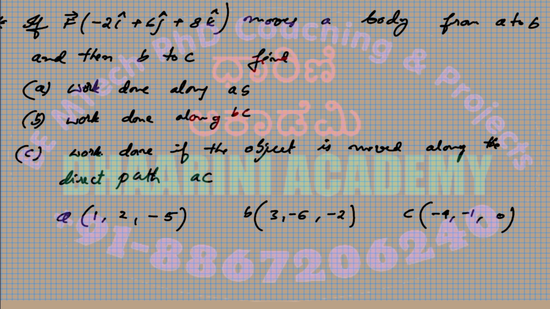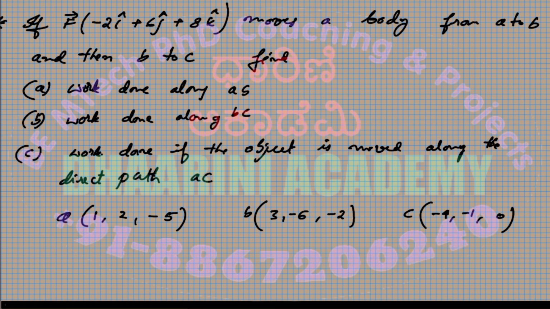So first part is move the object from A to B, calculate the work done. Simple. Next, assume that the object is at B now, move it to C, B to C, calculate. Fine. The third part of the question is consider the same force, but you are moving along AC, directly A to C, not A to B, B to C. In that case, what is the work done?